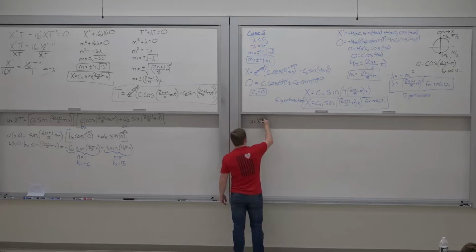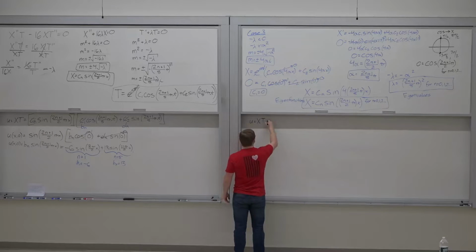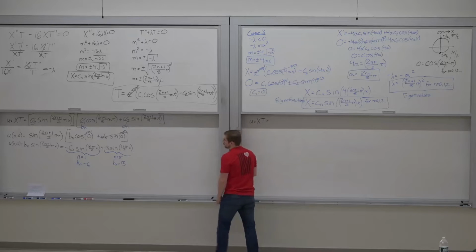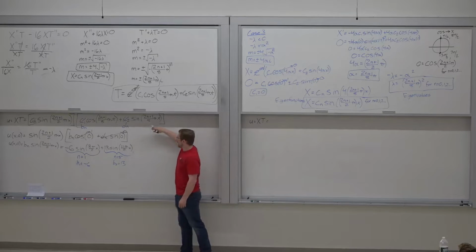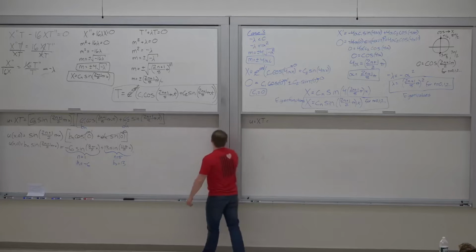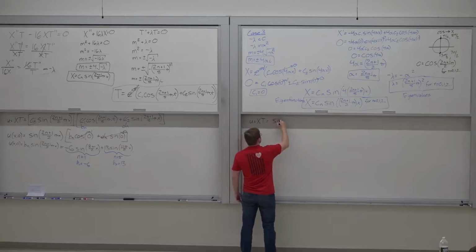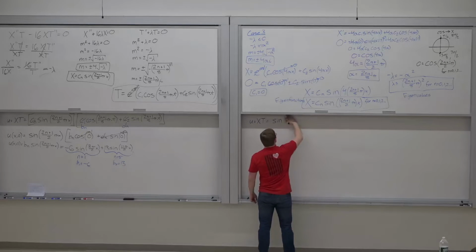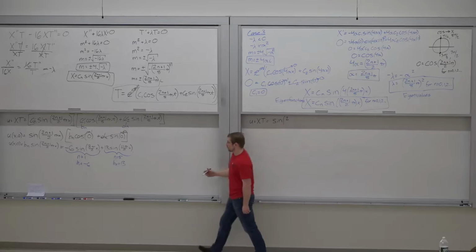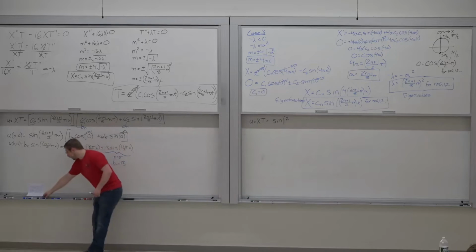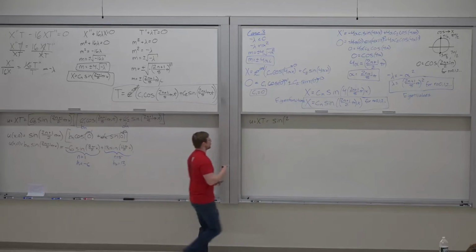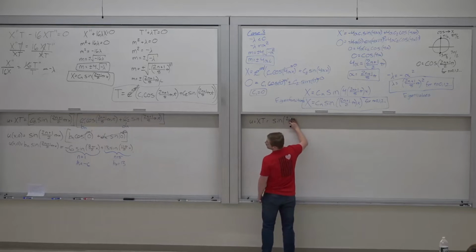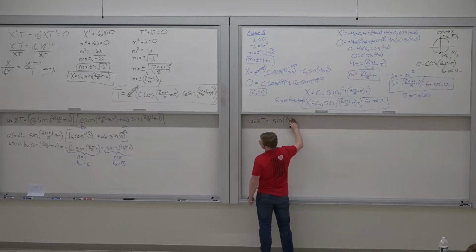So u is capital X times capital T, which is now equal to, looking at this line, sine of 2 times n, but my first n is going to be 1. So 2 times 1 plus 1 over 2.